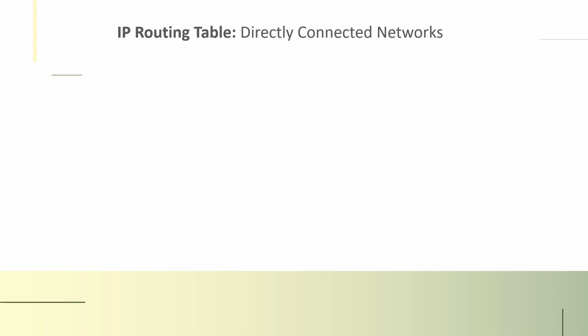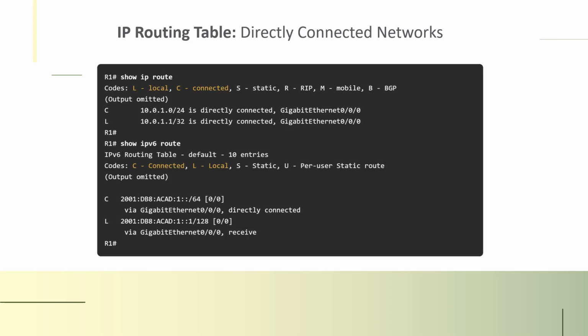The routing table also contains a local route for each of its directly connected networks, which is indicated by the status code of L. This is the IP address that is assigned to the interface on that directly connected network. For IPv4 local routes, the prefix length is /32, and for IPv6 local routes, the prefix length is /128.